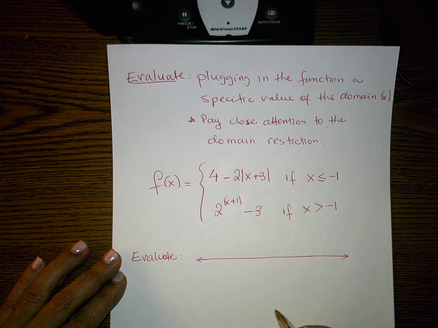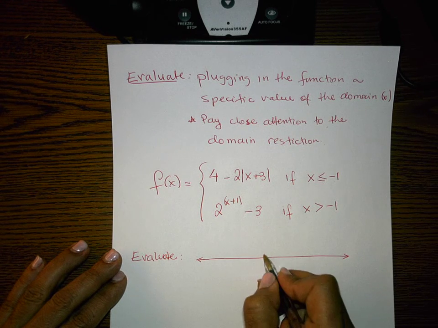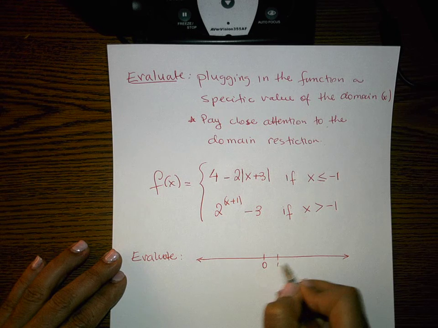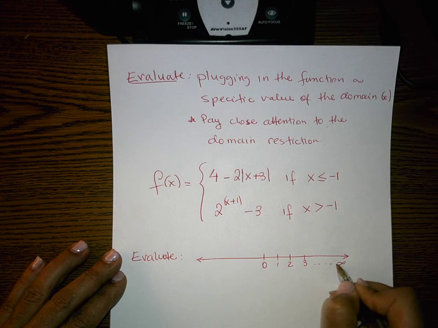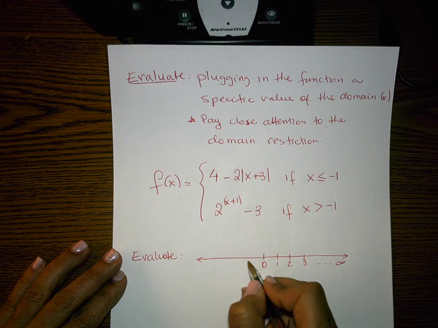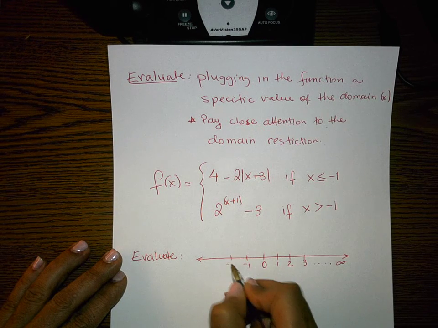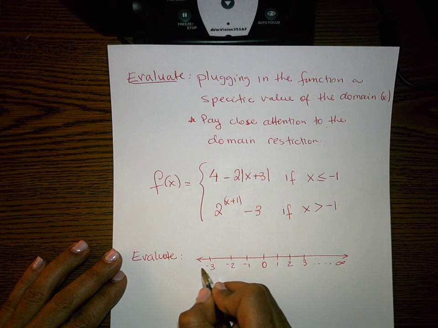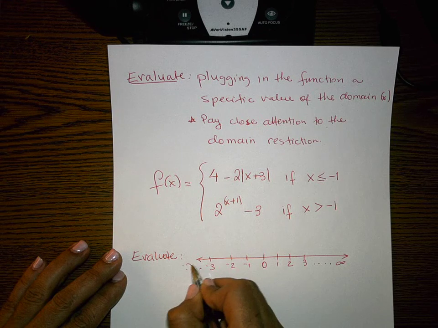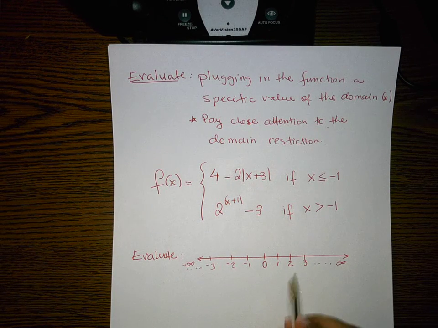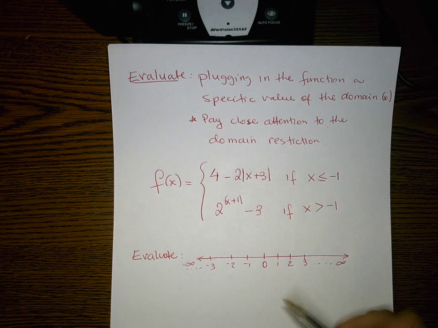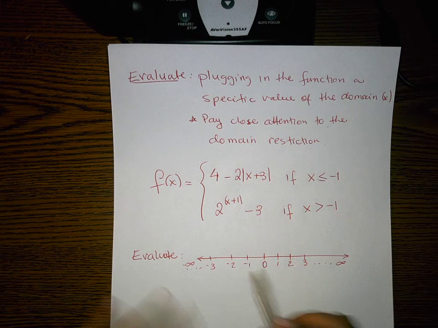I always create a number line, and the number line has 0, 1, 2, 3, forever to positive infinity, and obviously we have -1, -2, -3, forever to negative infinity. So here's a number line, and I like to make my domain restriction more obvious to me.